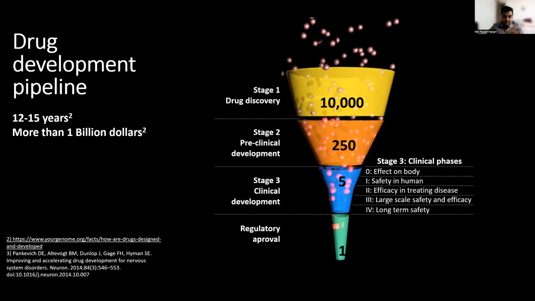But most of these compounds fail. 80% of them fail in the drug discovery and preclinical developmental stage. The main cause is improper recapitulation of disease phenotype, which means the system you're testing these compounds in is not perfect.